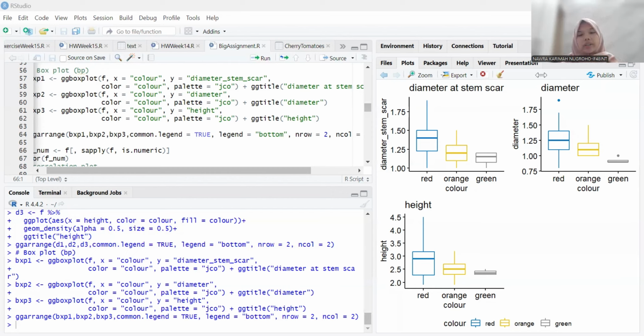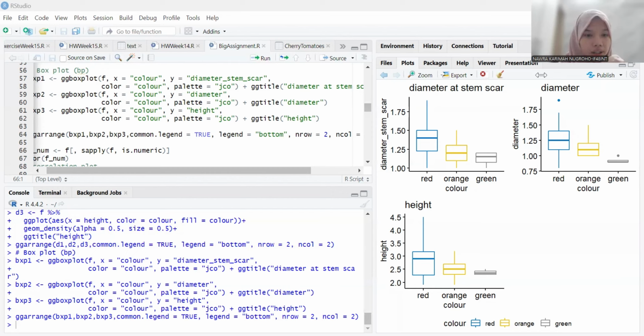In the box plot for the diameters of each colored tomato, we can see that the red and orange tomatoes have a normal distribution, while green tomatoes might have a negative skew. And also from the box plot, we can see that there is an outlier for the diameter of red tomatoes and green tomatoes.